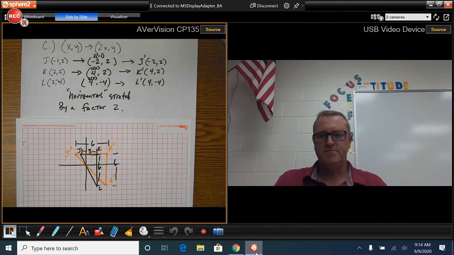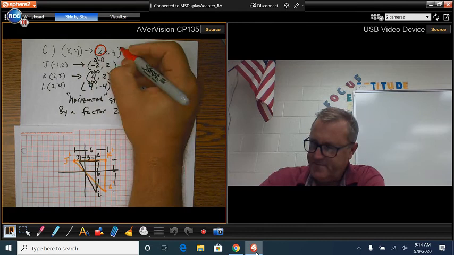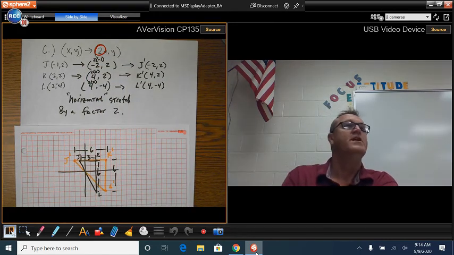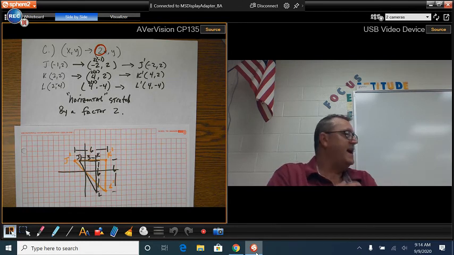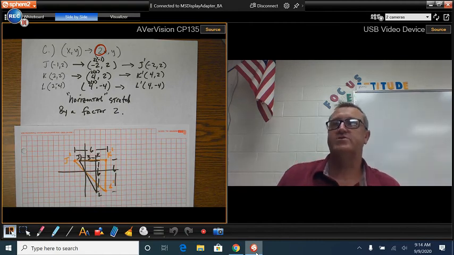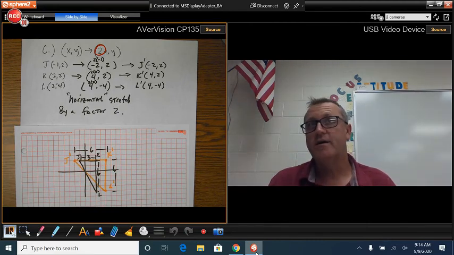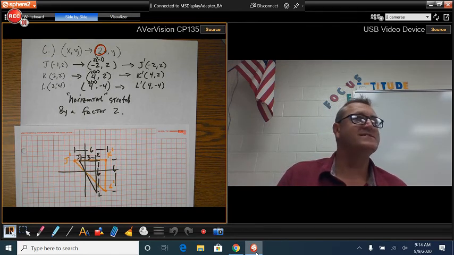Which that should make sense because what did we multiply the x-coordinate by? 2. Makes it really simple. You just have to look at what the transformation is and it's right there. It tells you by what factor it's being stretched or shrunk. Because actually we could go the other way. If it's greater than 1, listen to this little nugget.